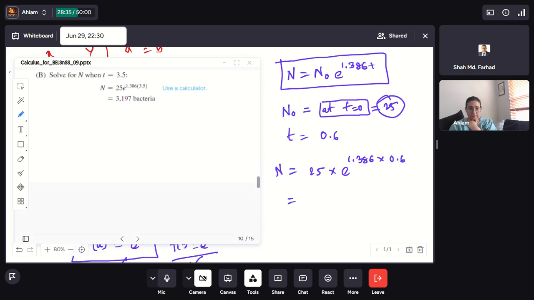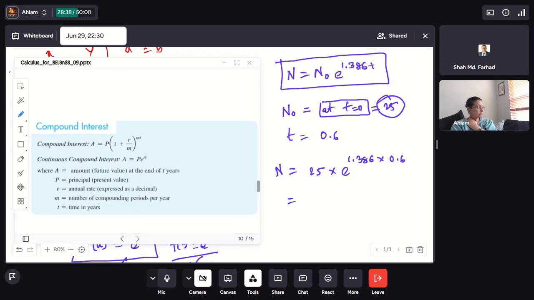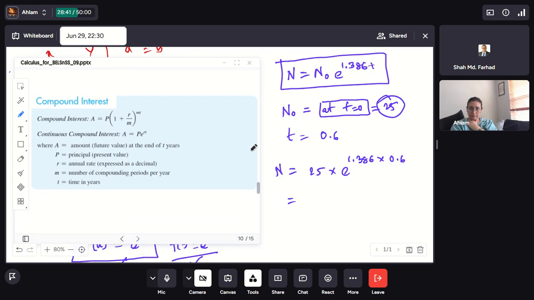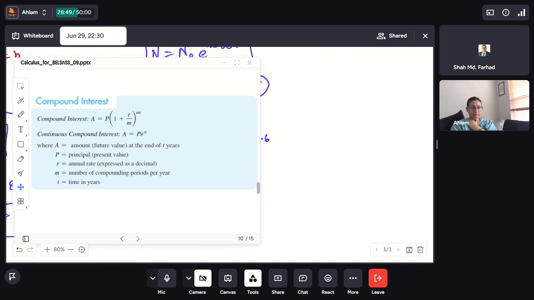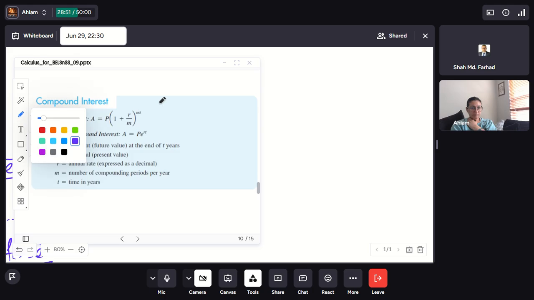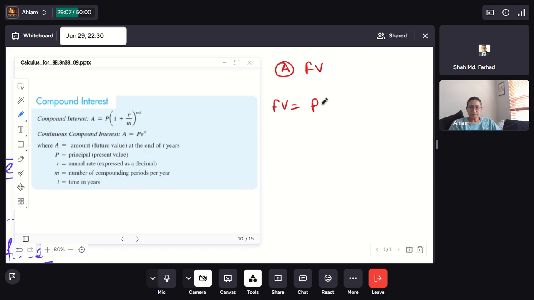Functions are used here. Compound interest is also related to the exponential function. The formula for compound interest is A, the future value, equals present value times 1 plus r over m, to the power m t.